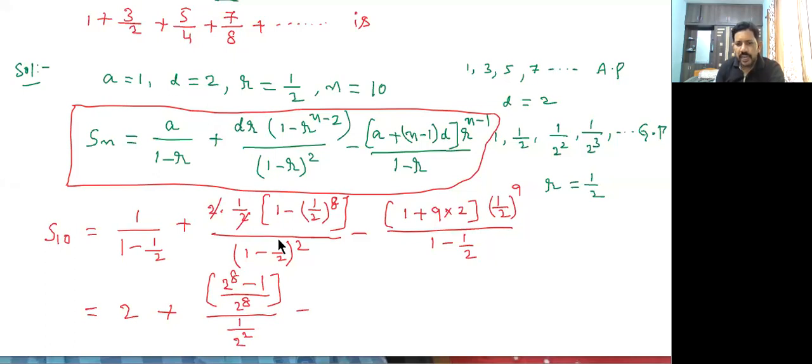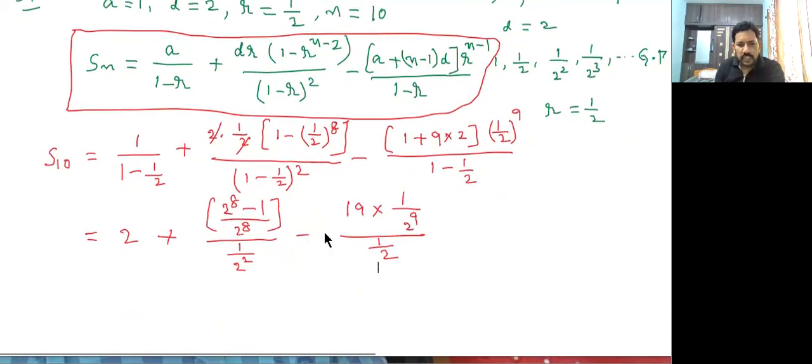Minus, 9 twos are 18, 18 plus 1, 19, into 1 by 2 power 9, divided by 1 by 2. So this is 2 plus (2 power 8 minus 1) divided by 2 power 8 and 2 square; you will get the denominator 2 power 6. Minus here 19 divided by 2 power 9 and the denominator 2, so we get 2 power 8.